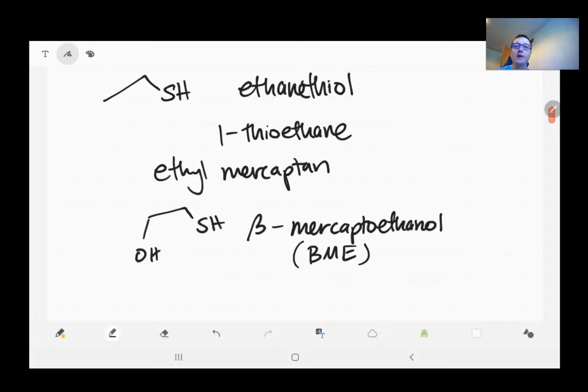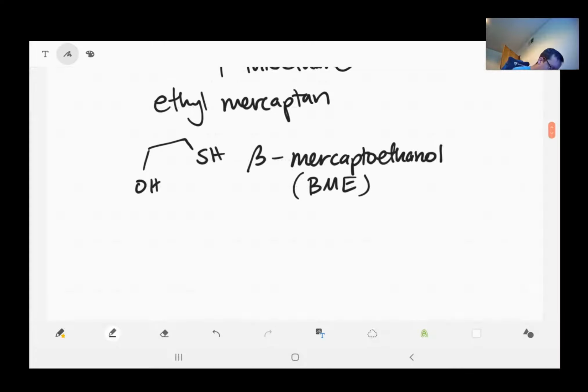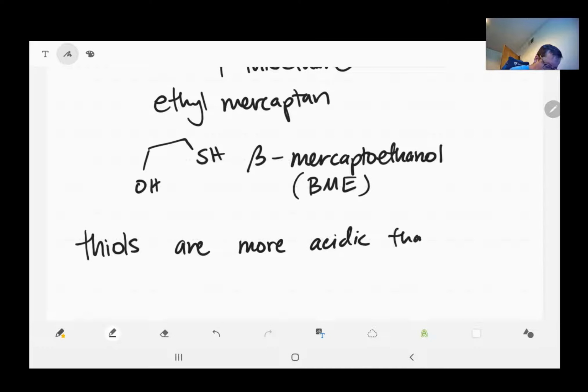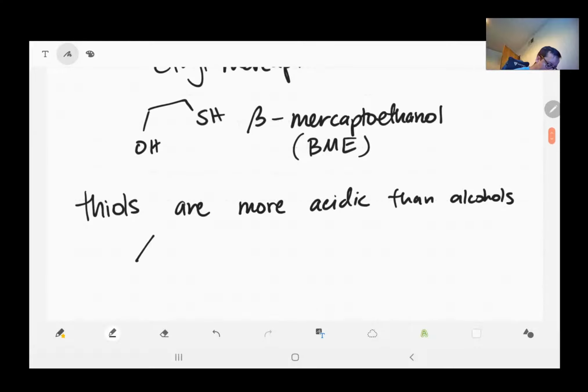Yay. So, cool. Examples of thiols. So there we go. We're going to see that thiols are more acidic than alcohols because sulfur is a larger atom, right? If we compare the pKa's of these, this one's around 10, this one's around 15 or so in water.